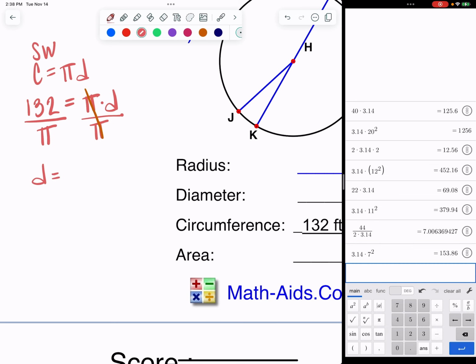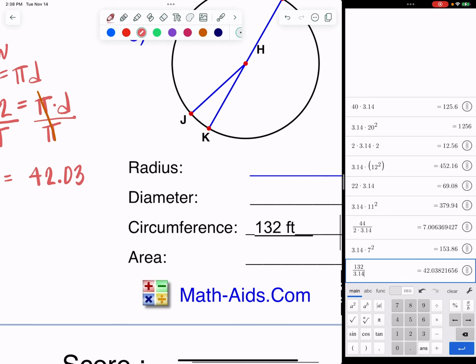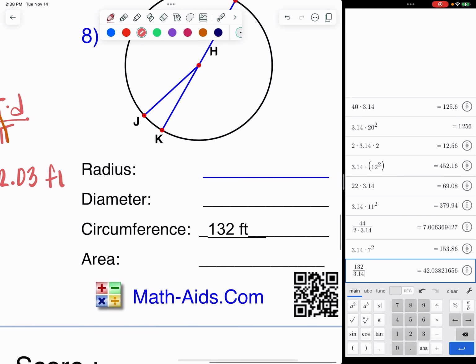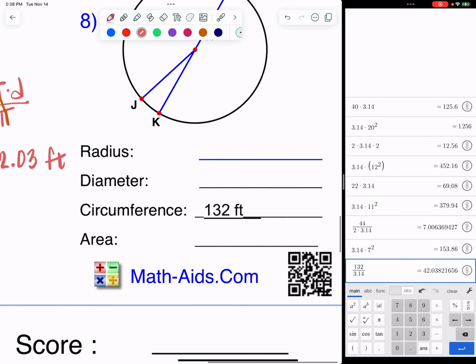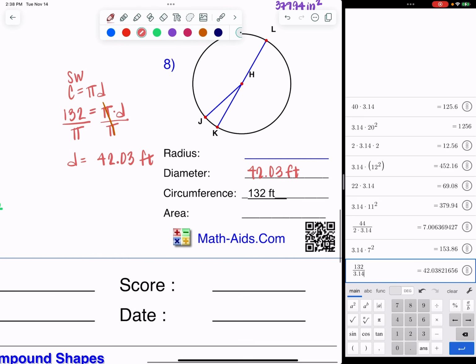And I'm going to go over to Desmos, and I'm going to do 132 divided by 3.14. And I have a diameter of 42.03, and we're measuring in feet. That's a big circle. So 42.03. Now if I know diameter, I have a formula to get radius.